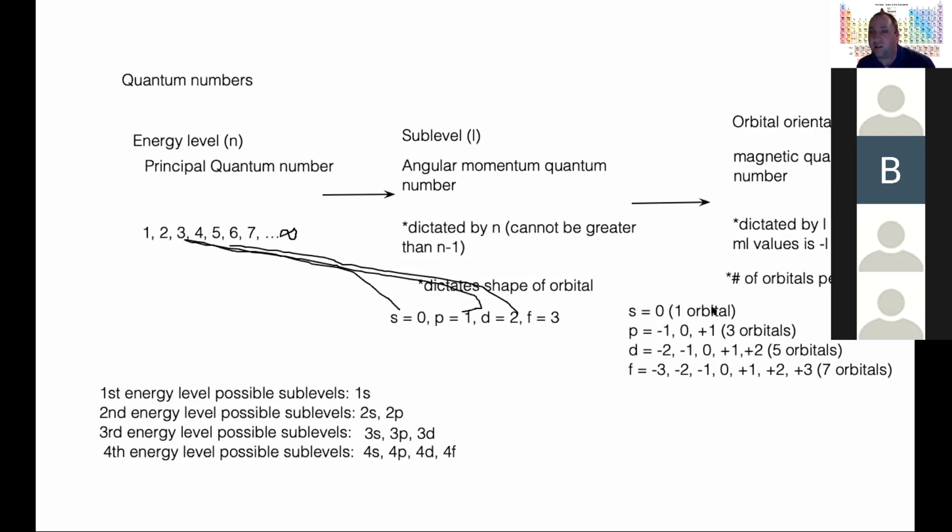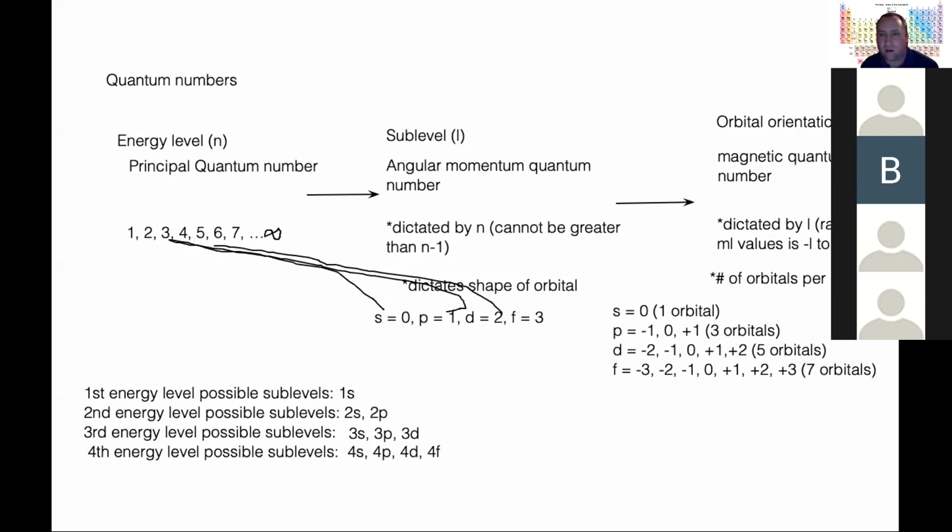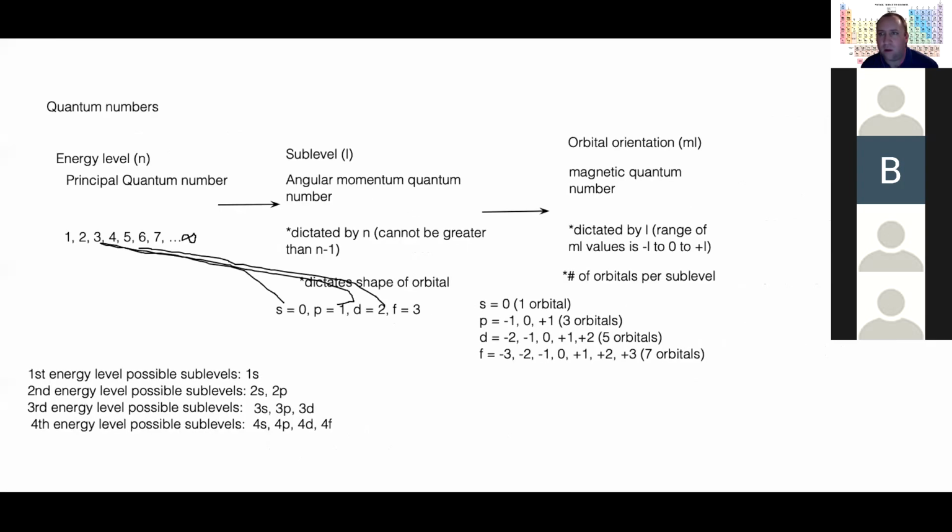The answer there is 2, because the last quantum number that we need to look at is electron spin. That's m sub s, and what we're talking about here is a specific electron in an orbital.